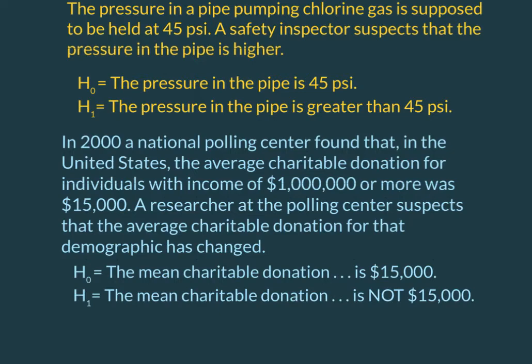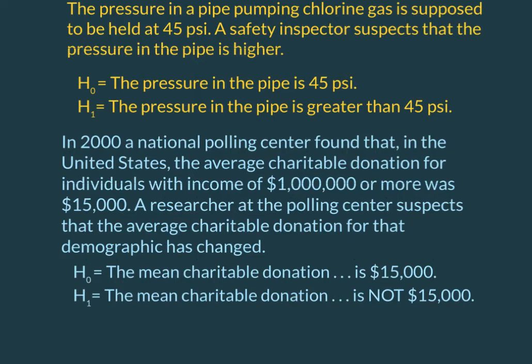By average, we will assume they meant mean, and therefore the null hypothesis, H naught, is the mean charitable donation among people with an income of $1 million or more is $15,000. Still, has not changed. The alternative hypothesis, H1, is the mean charitable donation for individuals with an income of $1 million or more in the U.S. is not $15,000.